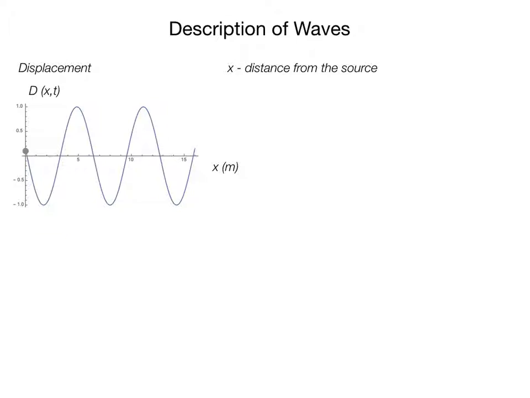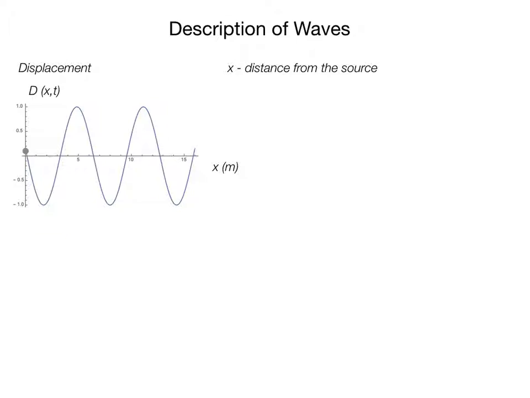You have to remember that x is slightly different from what we are used to in our physics class, because here x is not just a continuous function of the position of one particle that is moving through space, but it's actually the distance of each of those particles along the wave measured from the source of the wave. So this x is actually being used to pinpoint all those particles that are participating in the motion.